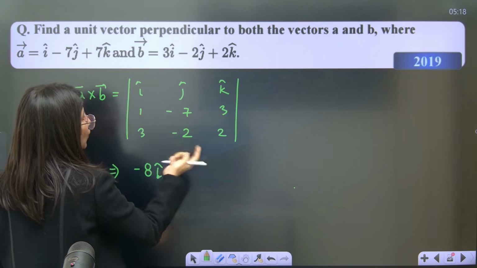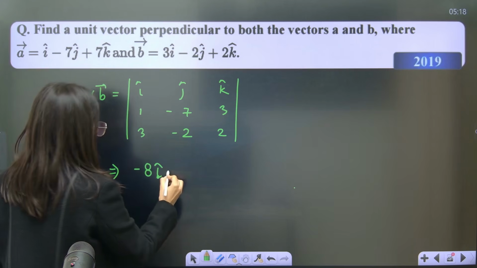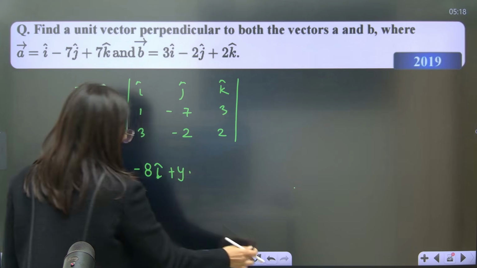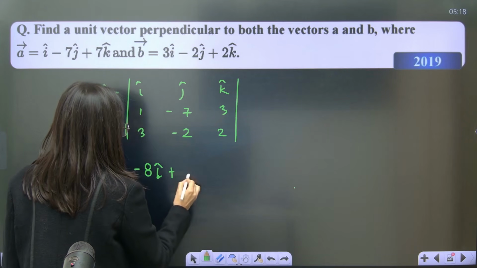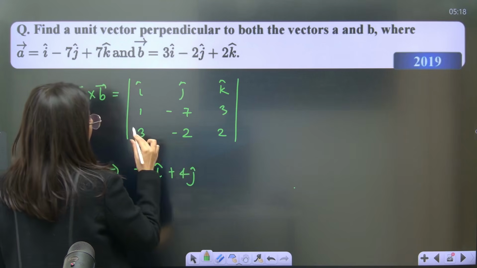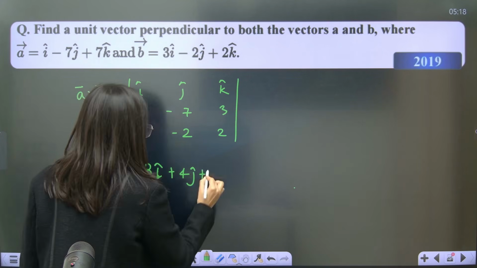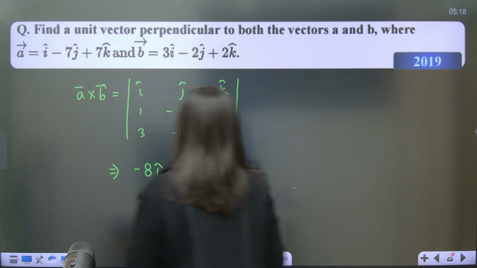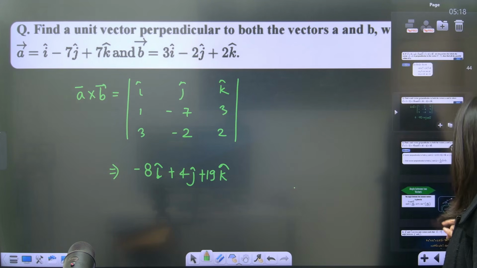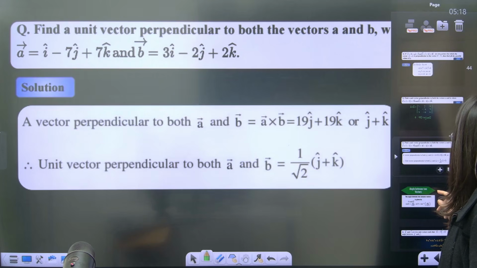Then we have 2 minus 6, so plus 4 j cap. Then we have minus 2 plus 21, 21 minus 2 is plus 19 k cap. Okay, let me check. Minus 8, 4 and 19.